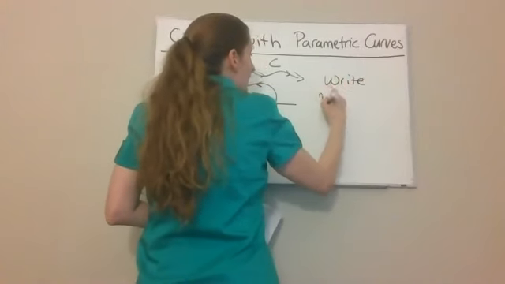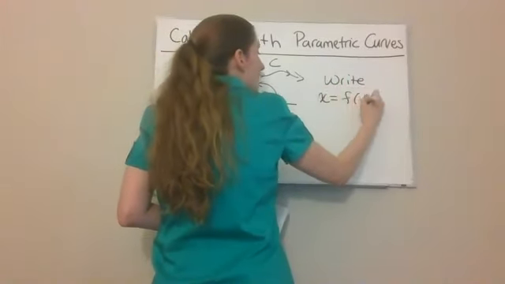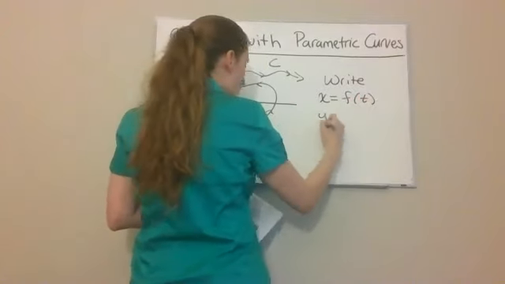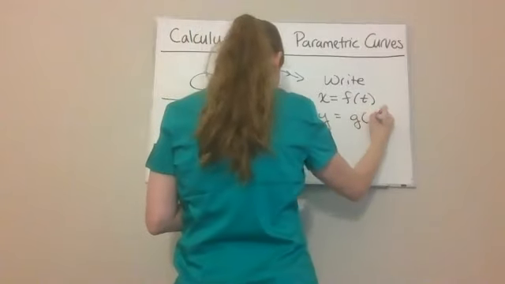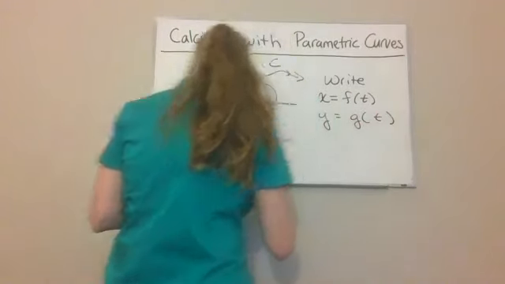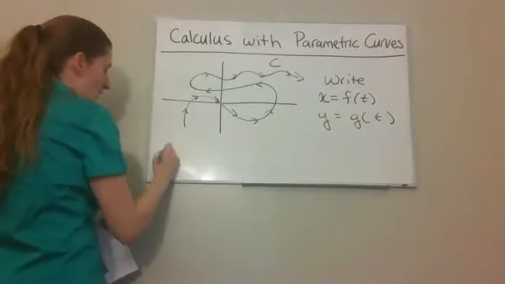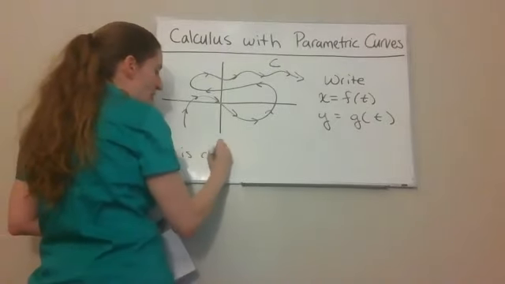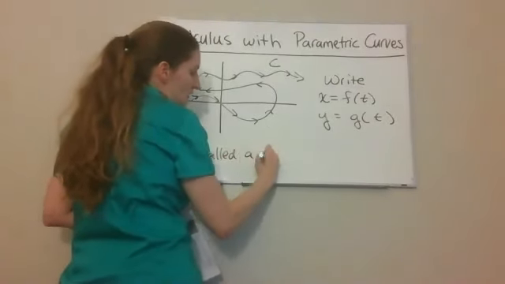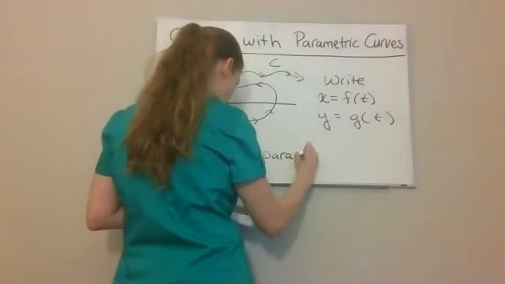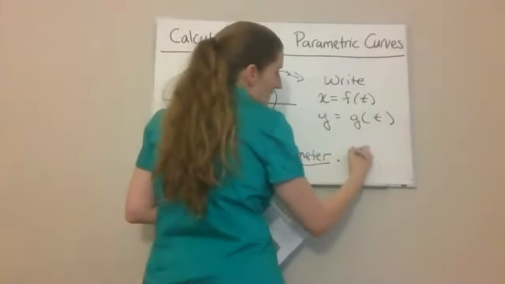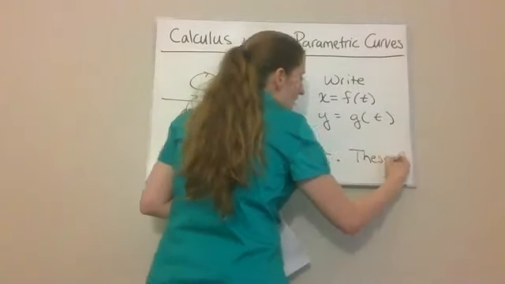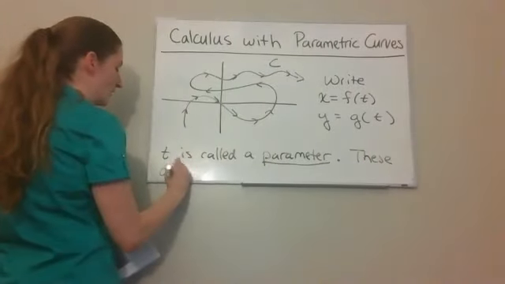So we can write x is some function of t, and y is some function of t, where t is called a parameter. And these are called parametric equations.